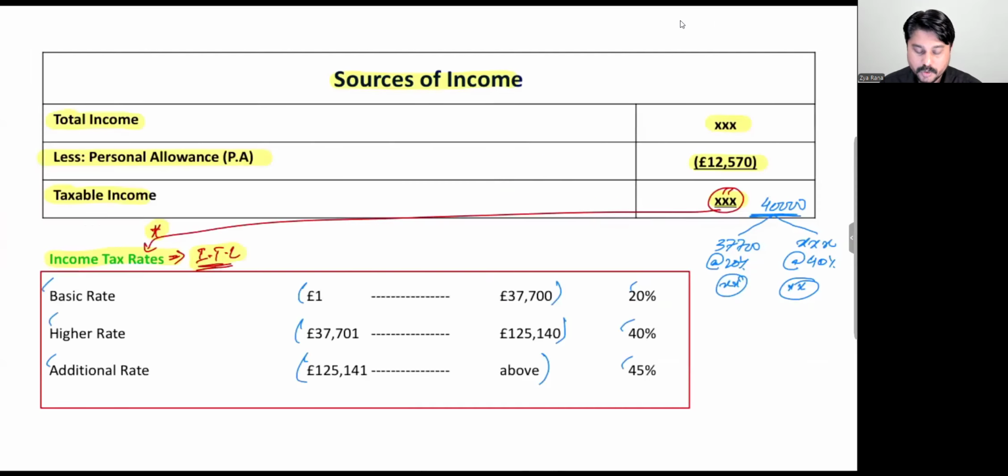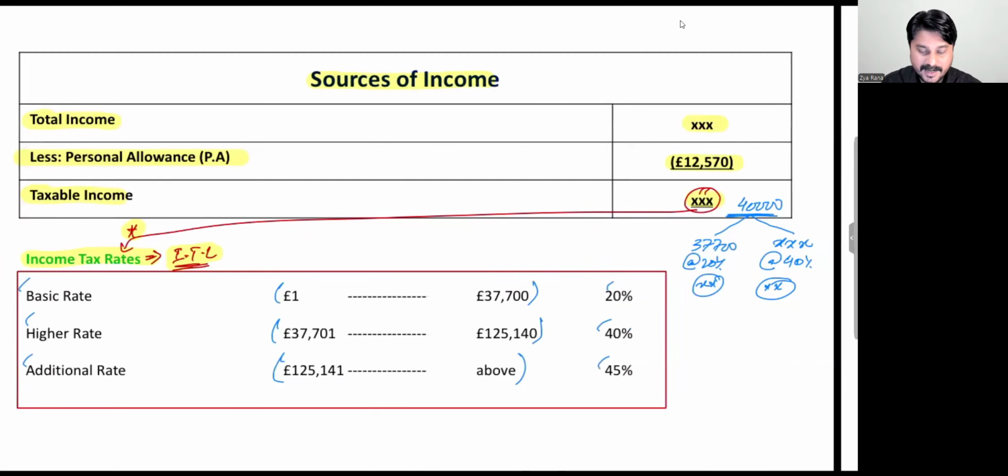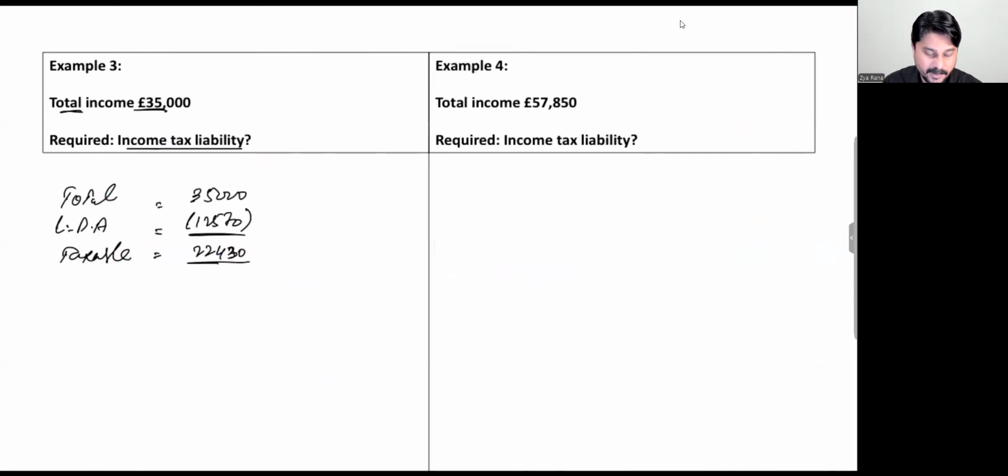Let me show you the band limits. The first band limit is from 1 to 37,700. You can see that taxable income is falling in this band limit. For example 3, taxable income is falling in this band limit. The total amount of 22430 is within the first band limit.